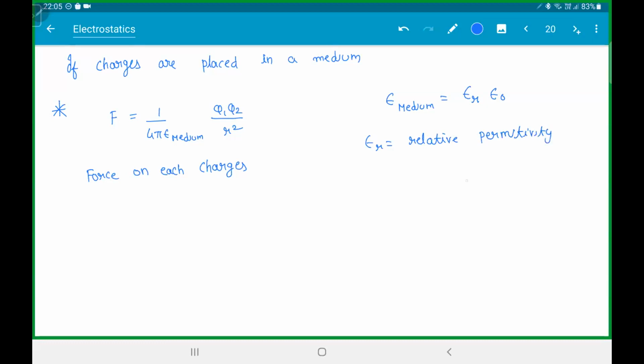It's also called the dielectric constant. The meaning of this is that the higher the value of epsilon R, the more difficult it is for the charges to interact. It's like a resistance.